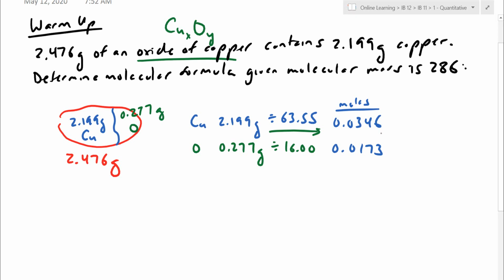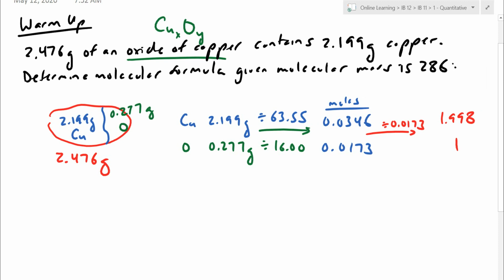Just to start making it look nicer, our step was to divide out the smallest one. In this case, the smallest one is 0.0173. And practically 0.0346 divided by this answer, I'm getting 1.9998 for the copper, and the other one definitely knocks to 1. Remember, as a general rule, you're going to use your judgment here. I don't want to do any crazy rounding for one chemical, or else it's going to skew the proportions.